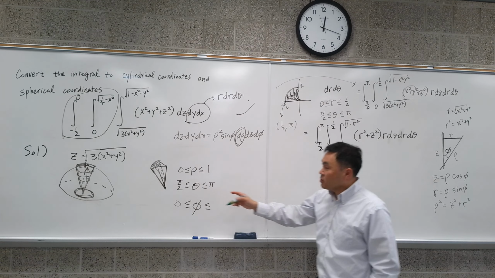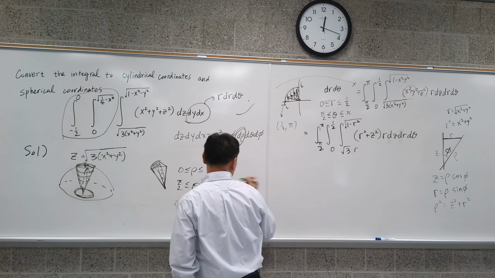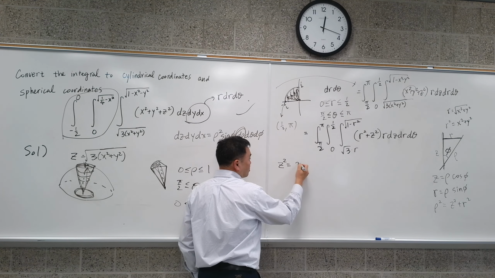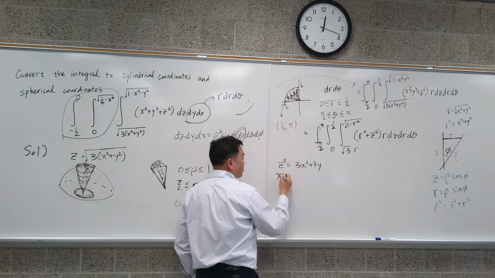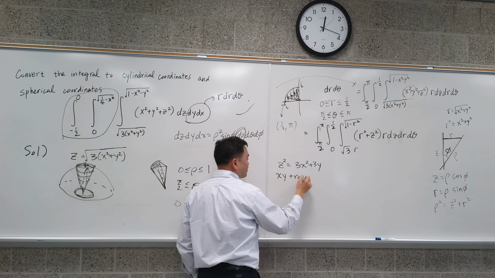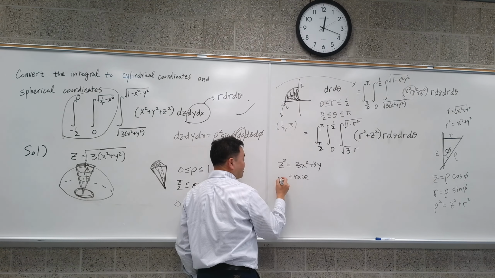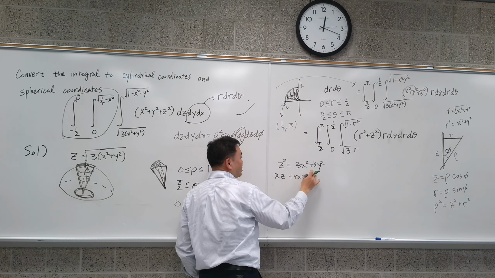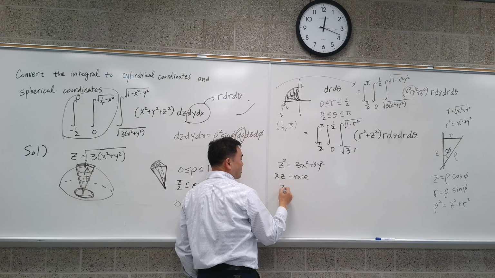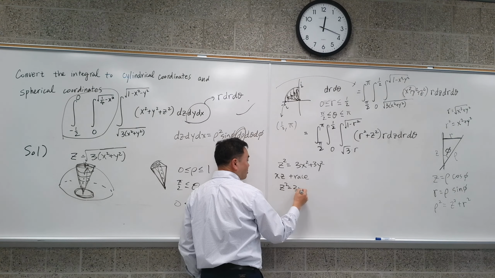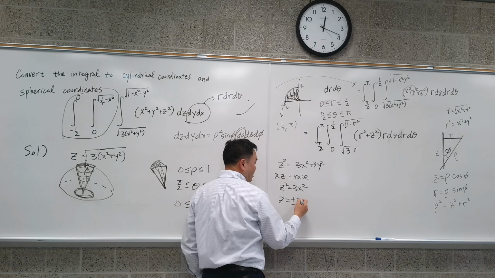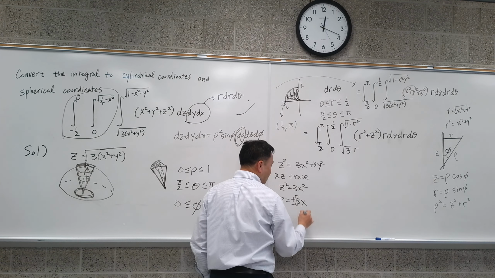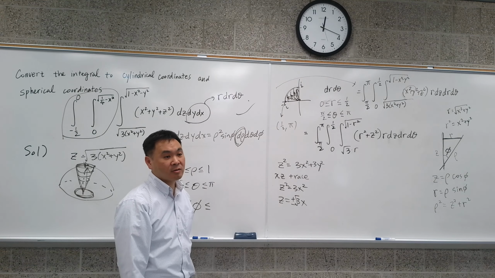So first, you take this equation, square both sides. You have z squared equals 3x squared plus 3y squared. And we're going to take the xy trace. No, not xy trace, xz trace, which means you set y as 0. If you set y as 0, this just becomes z squared equals 3x squared. And if you solve this, you get z equals plus minus square root of 3 times x. Okay, so what is this?